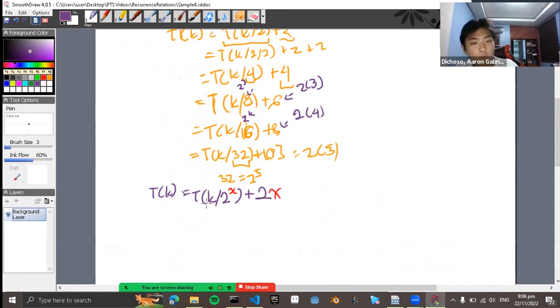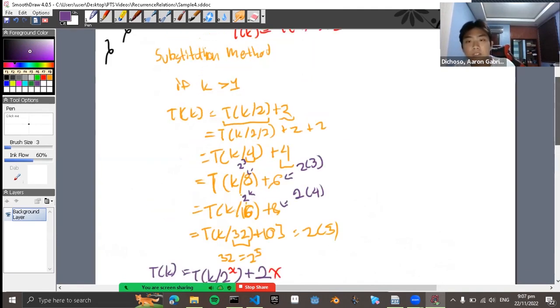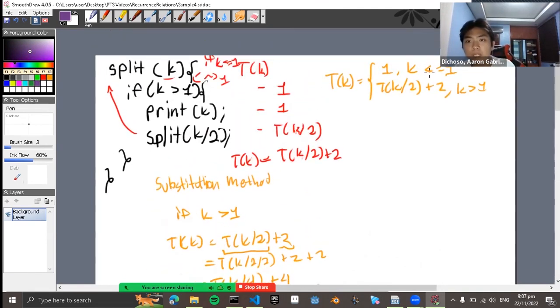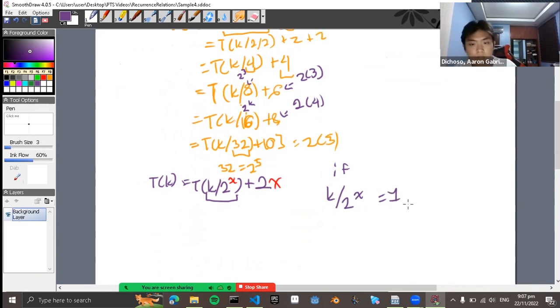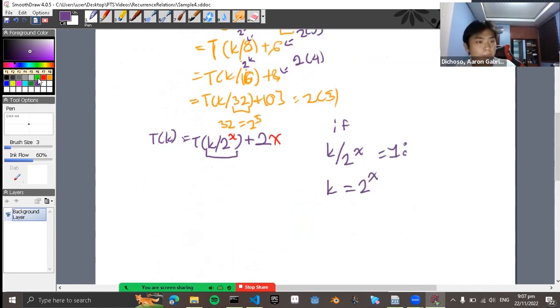Now, what should be the value inside of this t so that the recursion will stop? It should be less than or equal to 1. So if k over 2 raised to x is equals to 1, then we would see that k is equals to 2 raised to x.